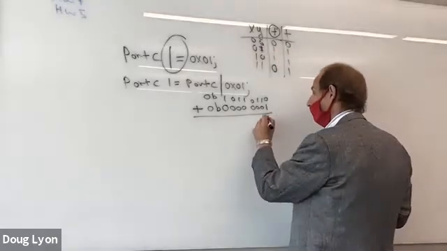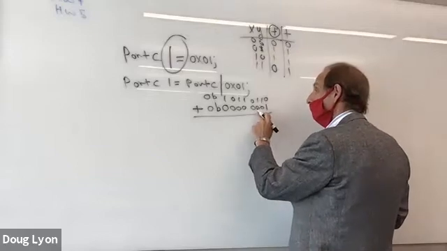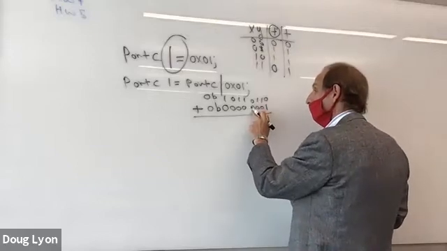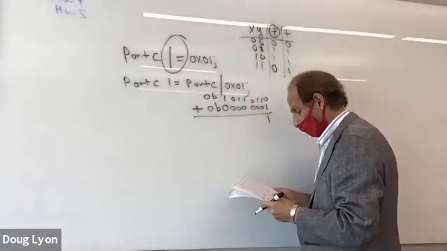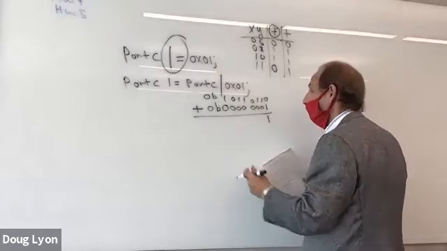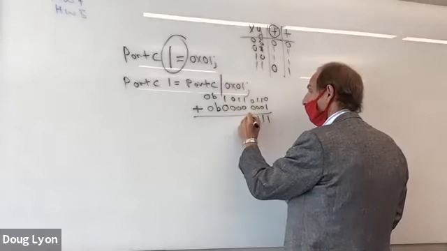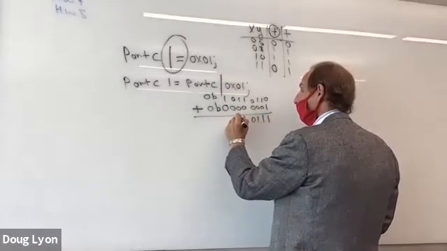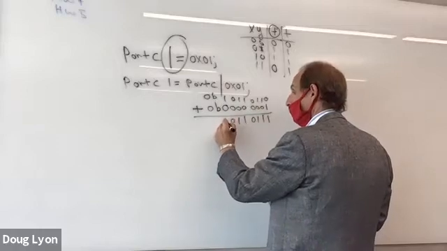So it's 1. And then this is 0 plus 1, 0 plus 1, 0 plus 1, right? So what does it do? This comes through, this comes through, this comes through, this comes through, this does not, this comes through.